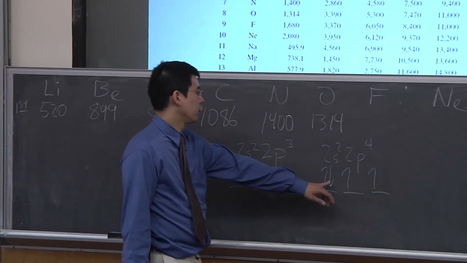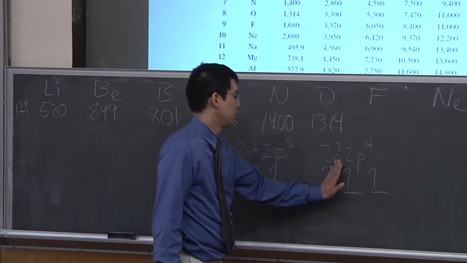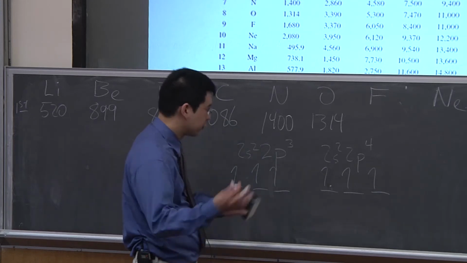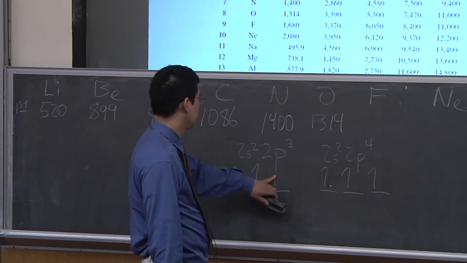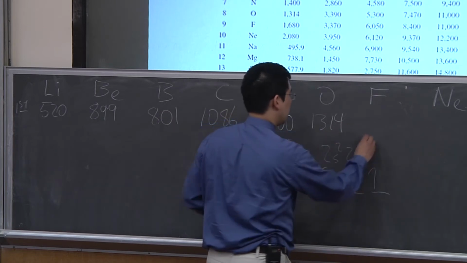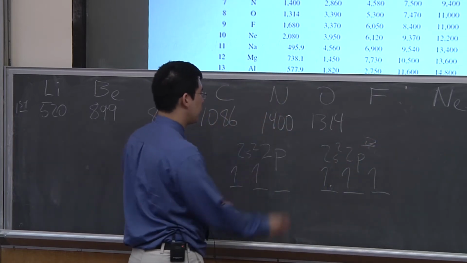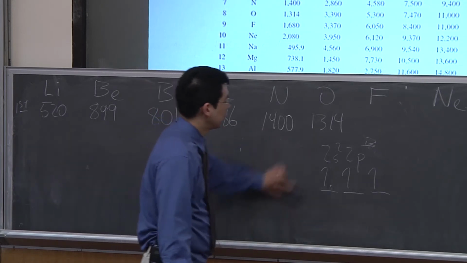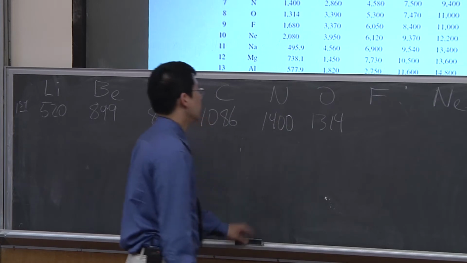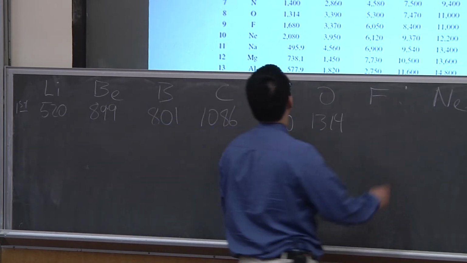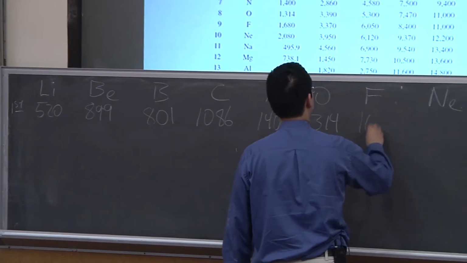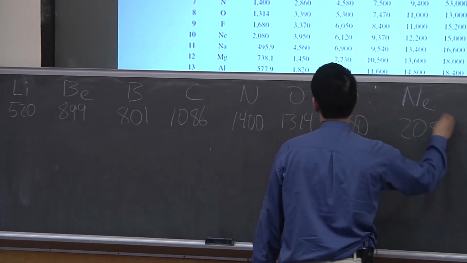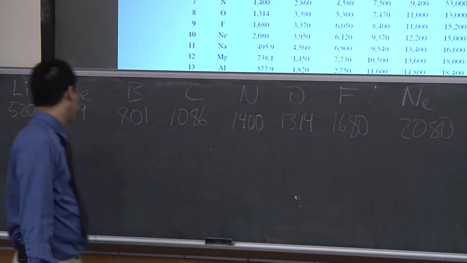So when you remove one electron from here, you get a half-filled subshell. Reasonably happy. If you remove one from here, it was 3, now it's 2. It was kind of happy, now it's not happy anymore at all. And so it goes down. And then fluorine goes up, 1680, neon, 2080. It's not very happy at all.